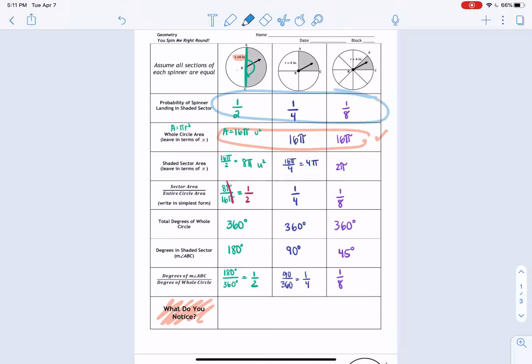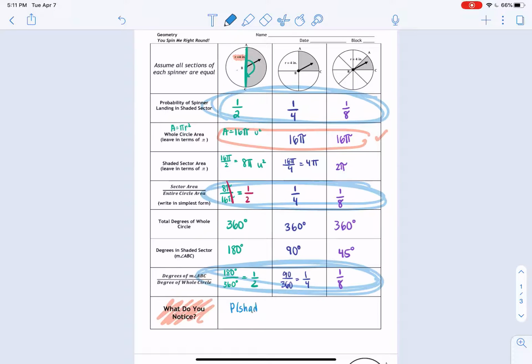Well, this row, these values are different, but they are the same as this row, and it's the same as this row. So a generalization we might make is that the probability of shaded area is equal to our sector area over total area, which is equal to the degrees in the measure of angle ABC divided by the total degrees.